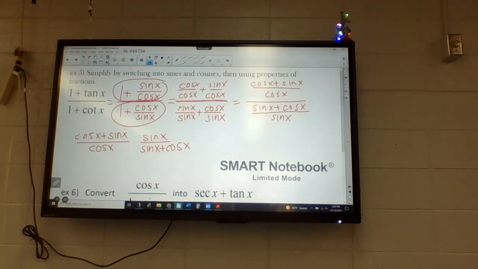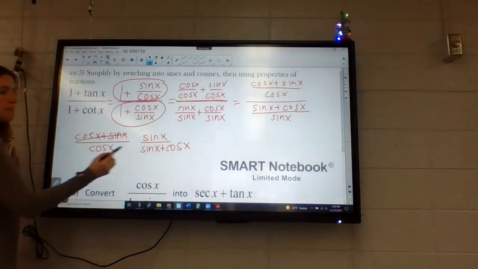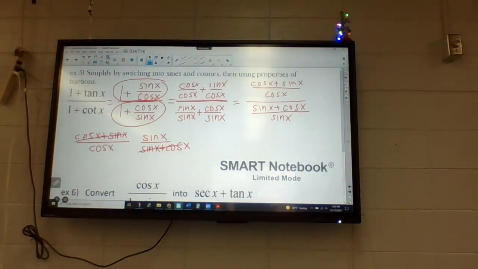Now, since we have the same thing on the top and the bottom, and they're exactly the same, we can do some canceling, because that whole thing cancels. It's not just like part of the plus sign cancels.